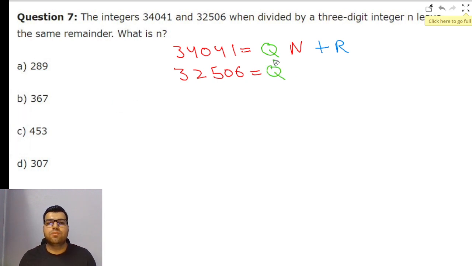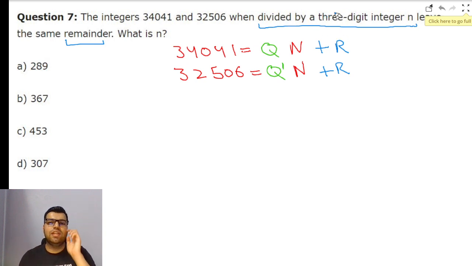No, the quotient is different. The divisor is same. So the quotient is say q dash, the divisor is n, and the remainder is r. According to the question, we have the same remainder when divided by the 3-digit number n. So the divisor is the same n, the remainder is r, and the quotient will of course be different.